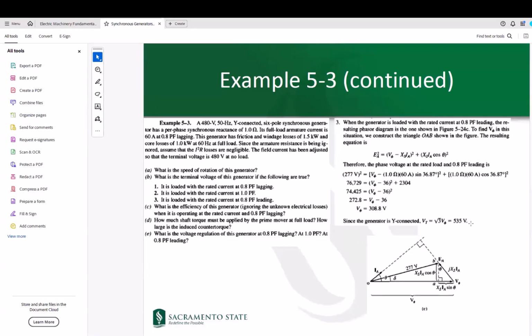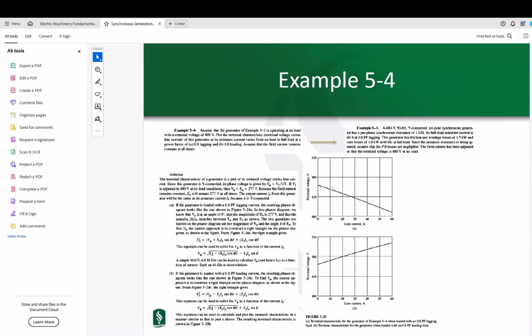Same way for the leading power factor case. The only difference is that you would need to put the plus 36.87 degrees. And when you repeat that, you will see that under the lagging power factor case, as you're increasing the line current, the terminal voltage will decrease. However, in the leading power factor case, as the line current is increasing, the terminal voltage also will increase. And this is based on the discussion that we had.